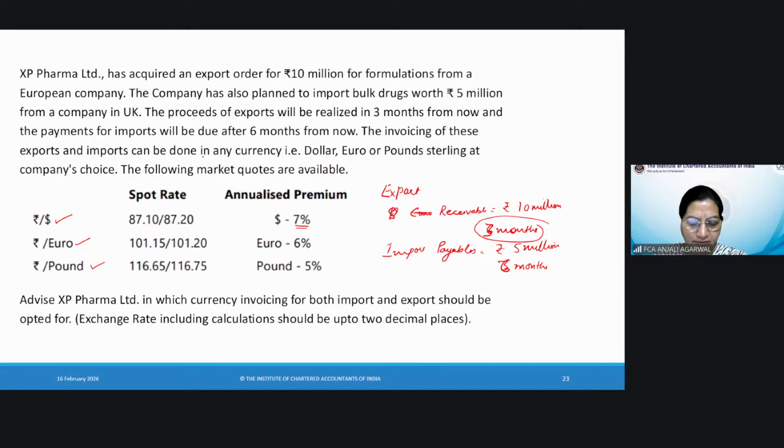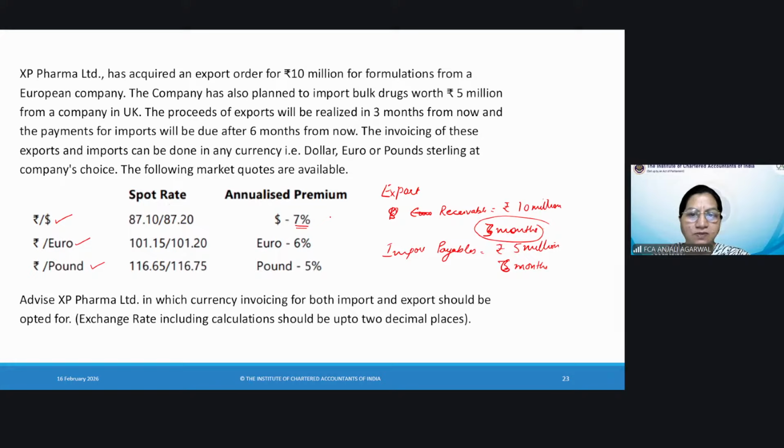Divide by 87.10. So you will get $1,14,810.